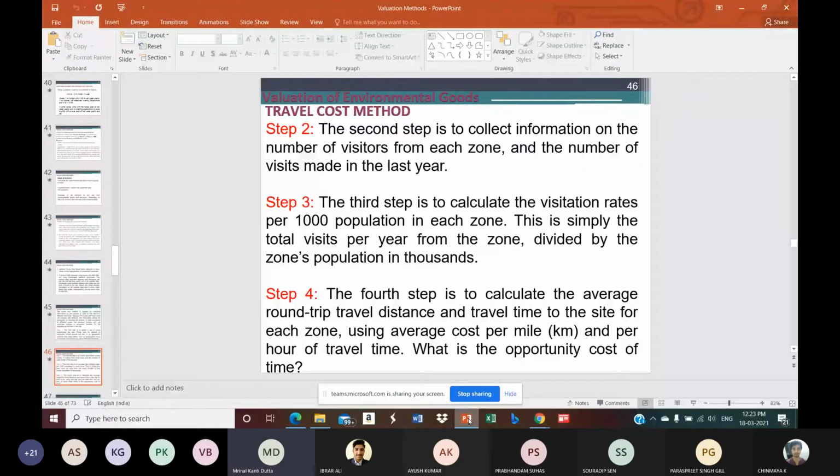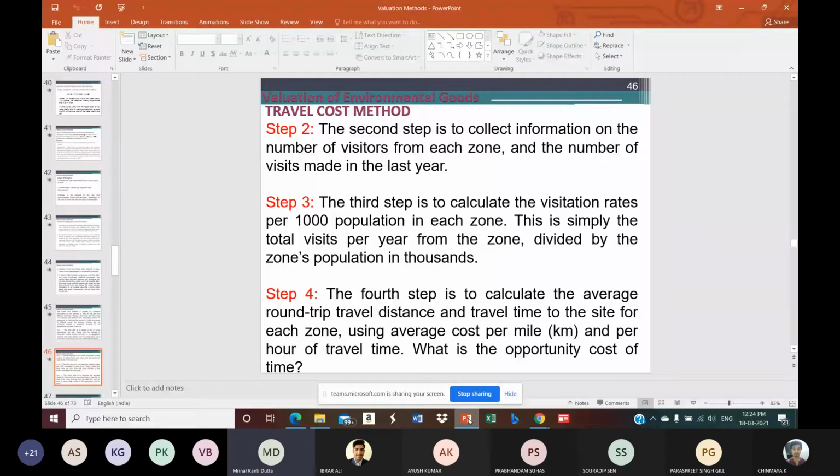So already yesterday I talked about that. This is another thing: an implicit value of the cost of time that is to be taken into account. Because there is an opportunity cost associated with this time which is taken for traveling to the sites. This time could have been utilized for other work which might have given some kind of benefit to the person concerned.